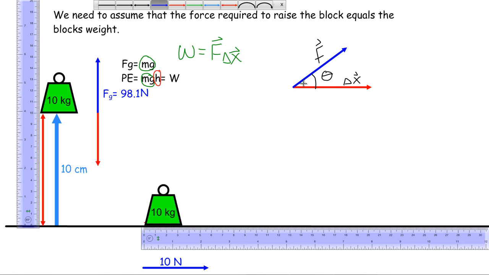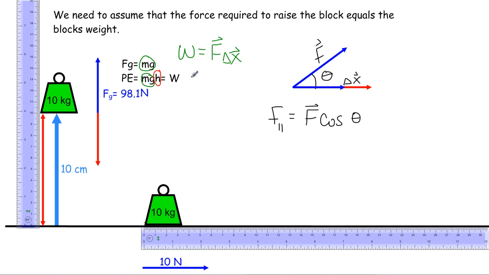So the force is in that direction, and the parallel component would be about that magnitude in the parallel direction of the displacement. And so my parallel component, force parallel, equals the magnitude of the force vector times cosine of the angle theta.